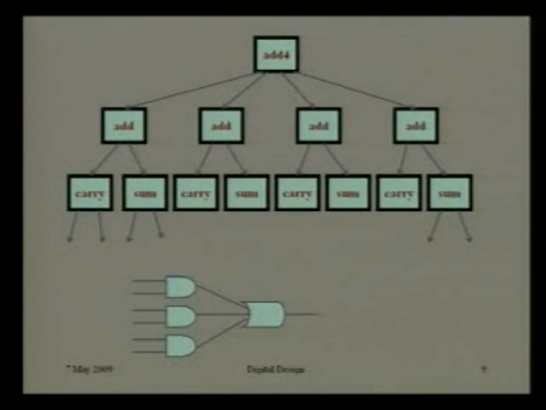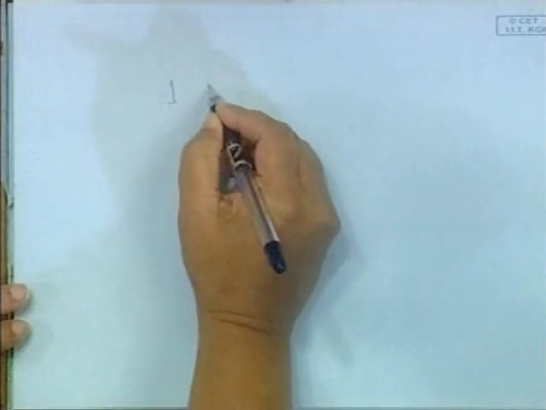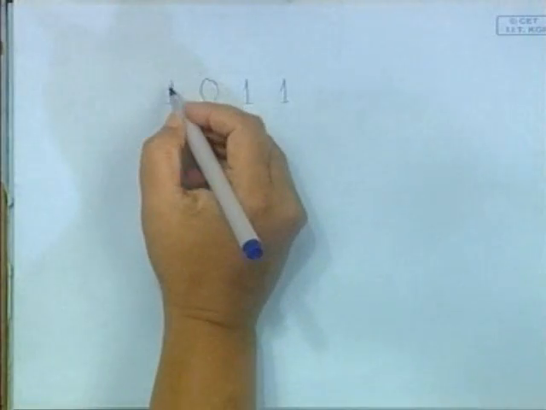See, this is a 4-bit adder. I can take four 1-bit adders.